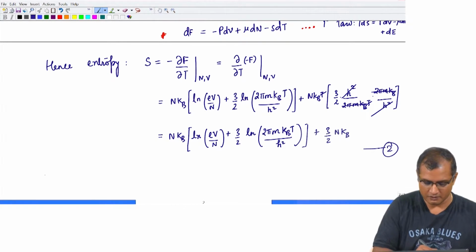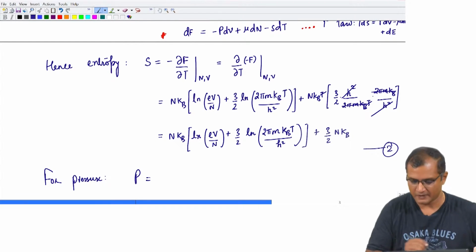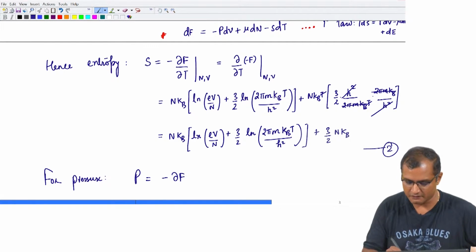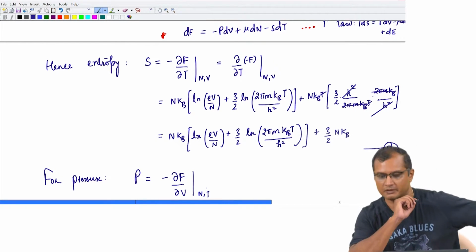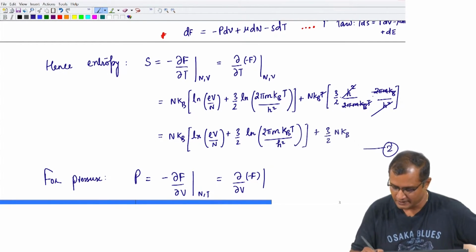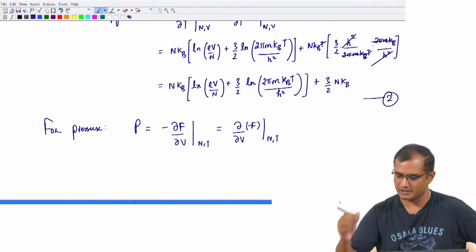So, for pressure, I am going to write it as the negative derivative of free energy with respect to volume at constant N, T conditions, number of particles and constant temperature, which is nothing but the derivative with respect to volume of minus F at constant N and constant T conditions.